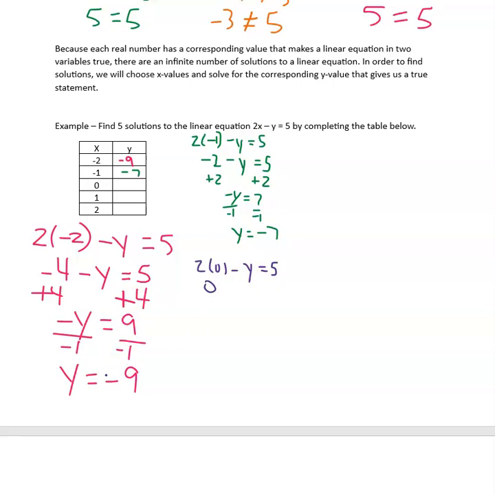So 0 minus y equals 5. 0 minus y is just negative y. To get the y positive, we divide both sides by negative 1. And we get y equals negative 5. So when x is 0, y is negative 5.